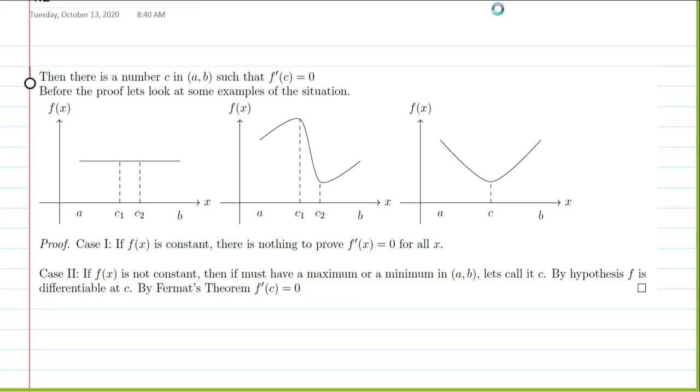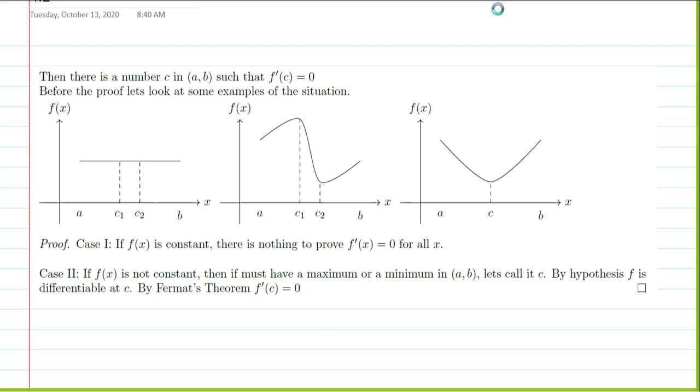Well, if f of a and f of b are the same, then either it's a horizontal line, because then it would be equal the whole way through, or it goes up and comes back down to the same point, so it would have a local maximum, in which case its horizontal tangent would have slope 0, or it goes down and comes up, in which case it would also have a horizontal tangent whose slope is equal to 0.